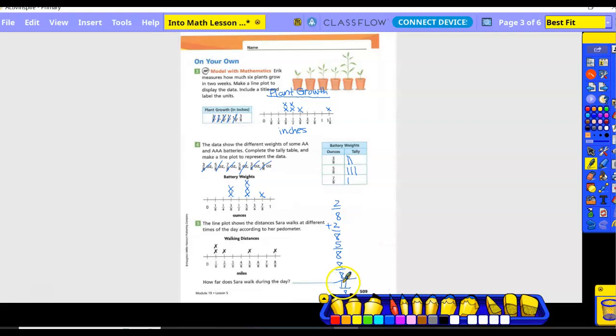Can I leave my answer like that? No. How many times does 8 go into 17? 2 times. So 2 is my whole number. 8 times 2 is 16. 17 minus 16 is 1. And then my denominator stays the same. So my answer is 2 and 1/8 miles.